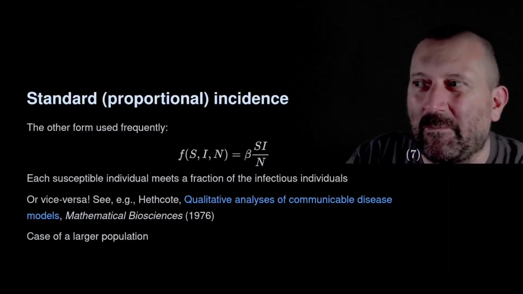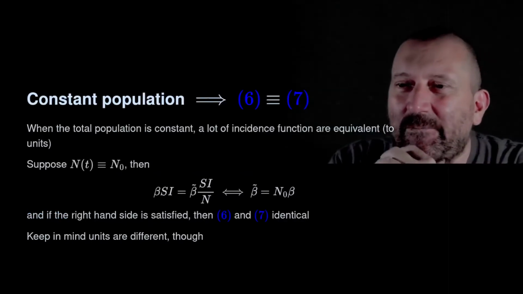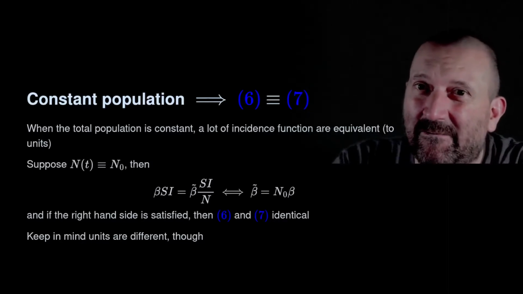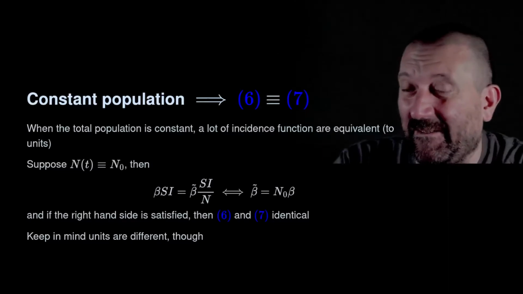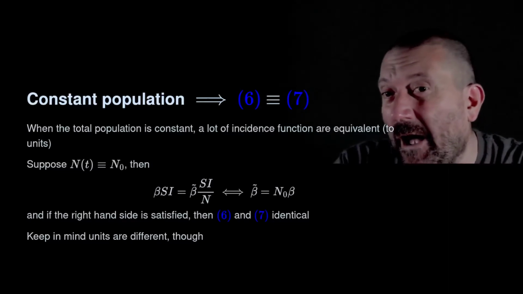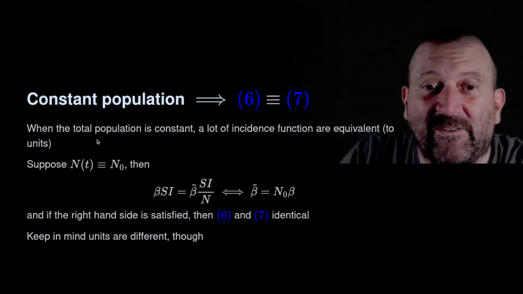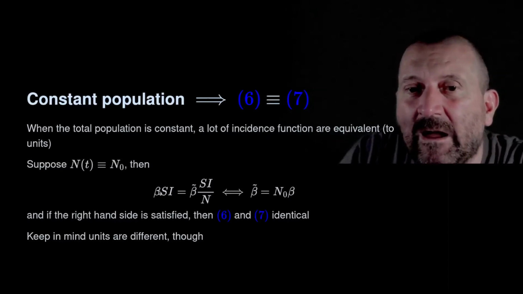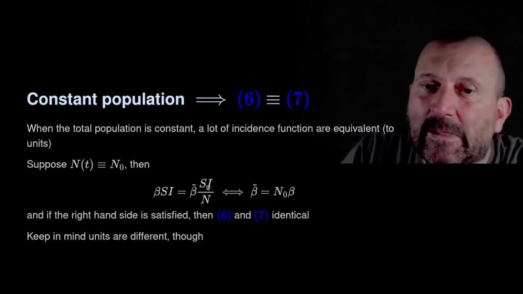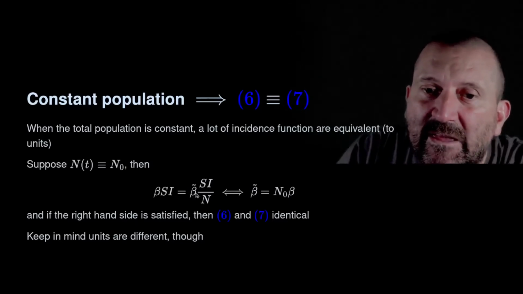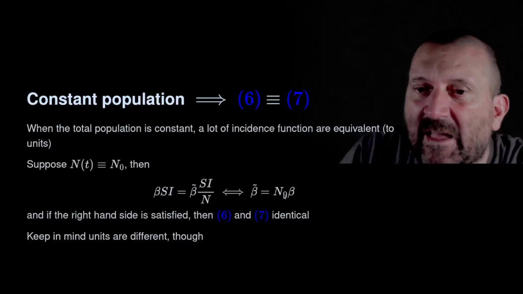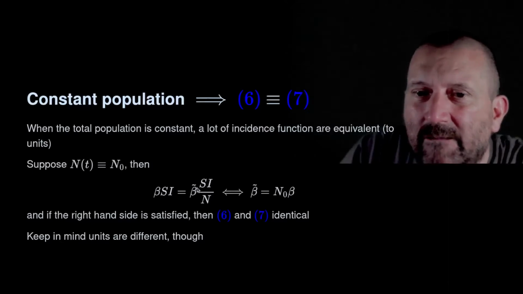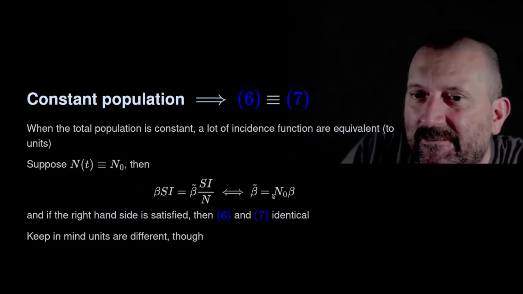Now, one important remark, though, is that in practice, if the total population N is constant, then the two are identical. Let me show you how this works. So suppose that N of T is some constant, then I can write that beta SI is equal to beta tilde SI over N, and that means that if I take that beta tilde equal to N0 times beta, then that expression is the same as this one, essentially.